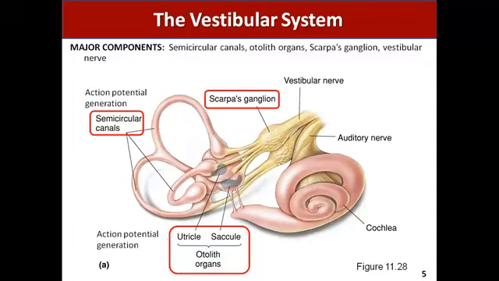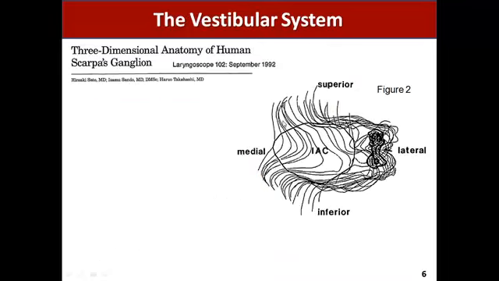These action potentials get transmitted through Scarpa's ganglion, and eventually these axons and these cell bodies, these neurons, will merge into transmitting action potentials. A study published in 1992 by Sato modeled and examined the structure of Scarpa's ganglion within the inner ear.